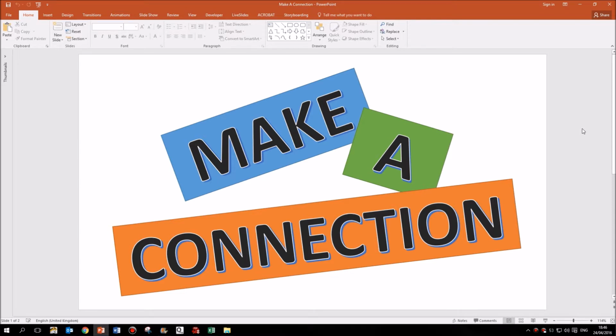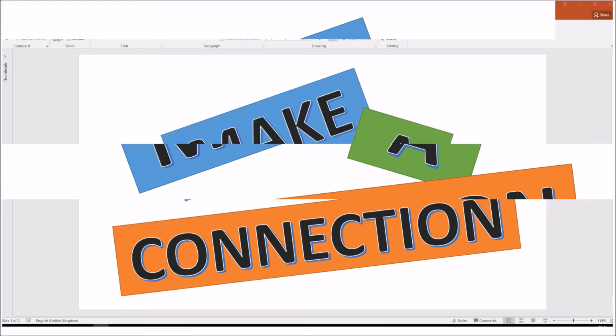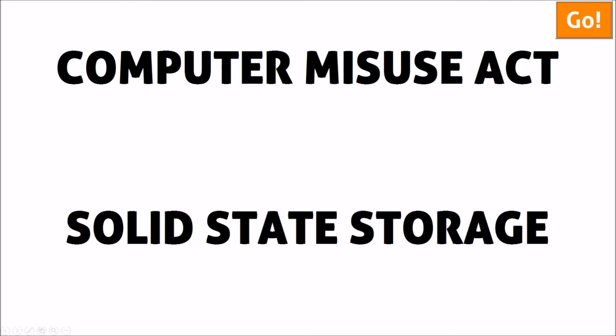So here's a PowerPoint presentation, and if I just hit F5 to run, this is just the title slide. Then we go on to the main slide and we have this Go button here. Now if I click the Go button, what happens is PowerPoint pulls a text file which is in the same folder as the PowerPoint presentation, and that text file simply lists a whole load of keywords for whatever topic we're currently looking at.